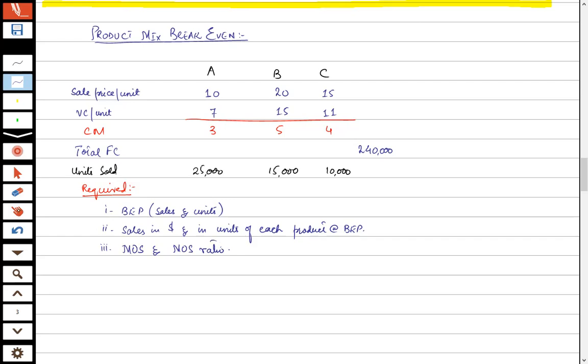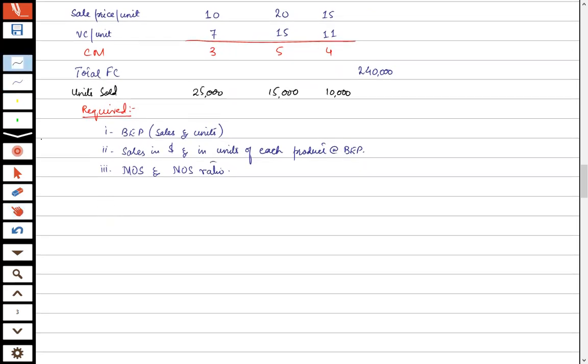Now the approach for the solution of this question would be, first of all, we have to calculate the product mix. Product mix means weightage or ratio as per volume.